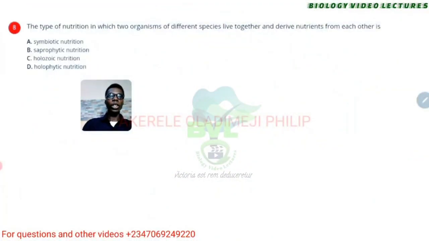The type of nutrition in which two organisms of different species live together and derive nutrients from each other is, it says, two different organisms. Now I want to be very blunt here.